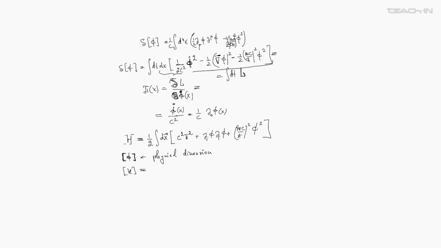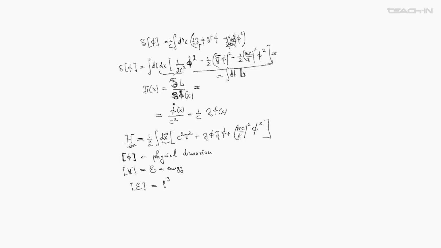And what you see from here is that energy, which is on the left-hand side of this expression here, should give us the following. On the right-hand side, you see a three-dimensional integral, so there will be length cubed coming from the three integrations, dx.